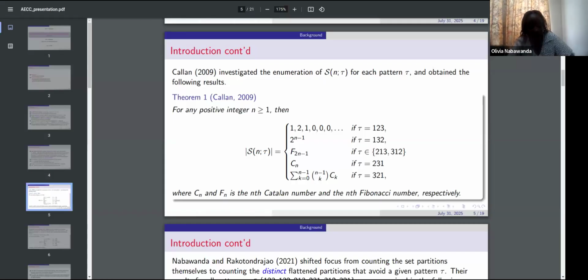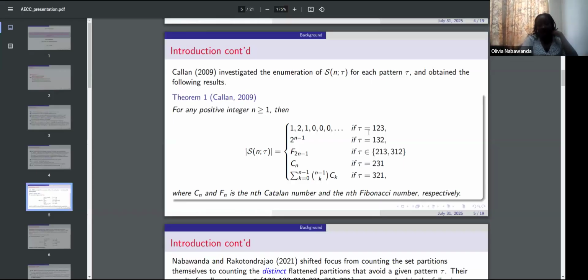And whatever comes out, which is now a flattened partition, he would look at the pattern avoidance for each of the patterns in the set tau. So he was actually counting set partitions, because those were the objects he was using. Whatever flattened partition results from a given set partition, he would then look at whether the pattern is there or is being avoided. And this is what he got.